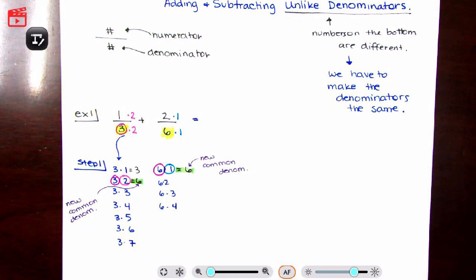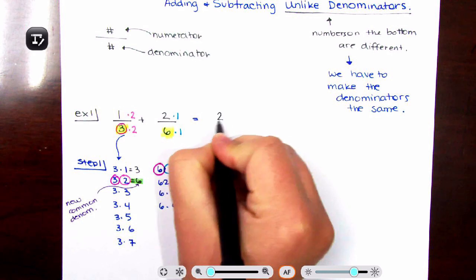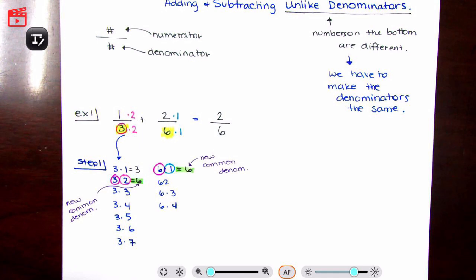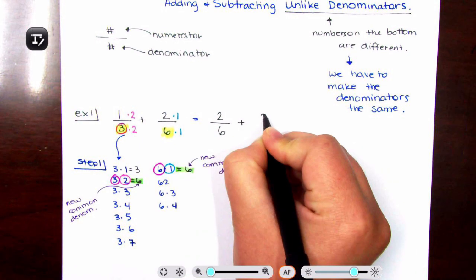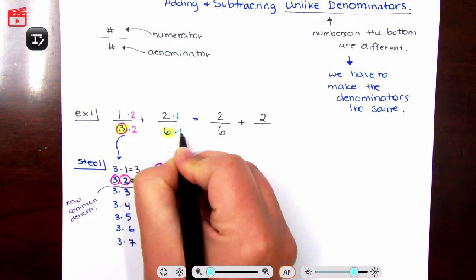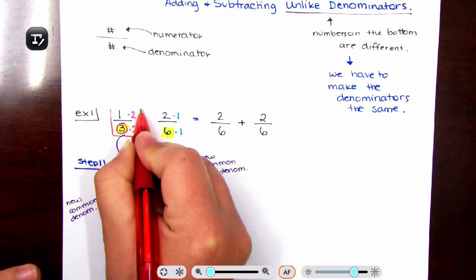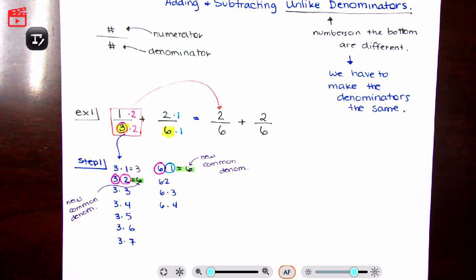And what you're doing is creating a new fraction. 1 times 2 is 2. 3 times 2 is 6. Plus 2 times 1 is 2. 6 times 1 is 6. So you are taking this fraction and changing it into something with a denominator of 6.